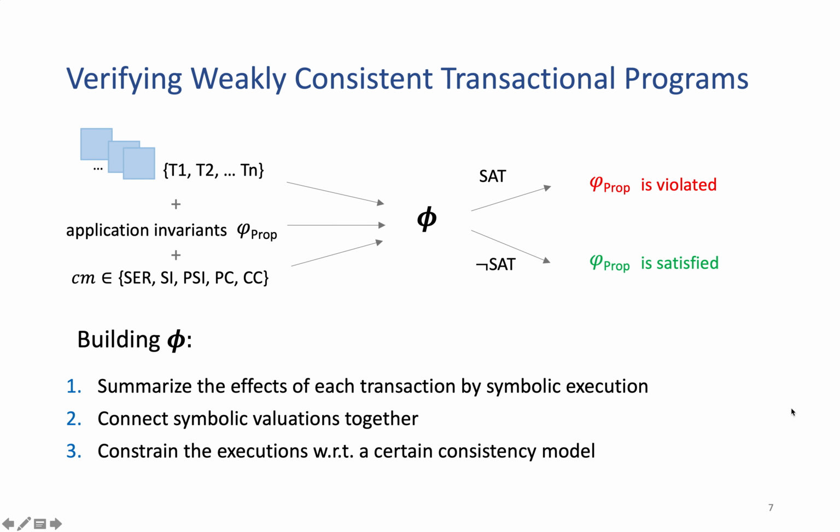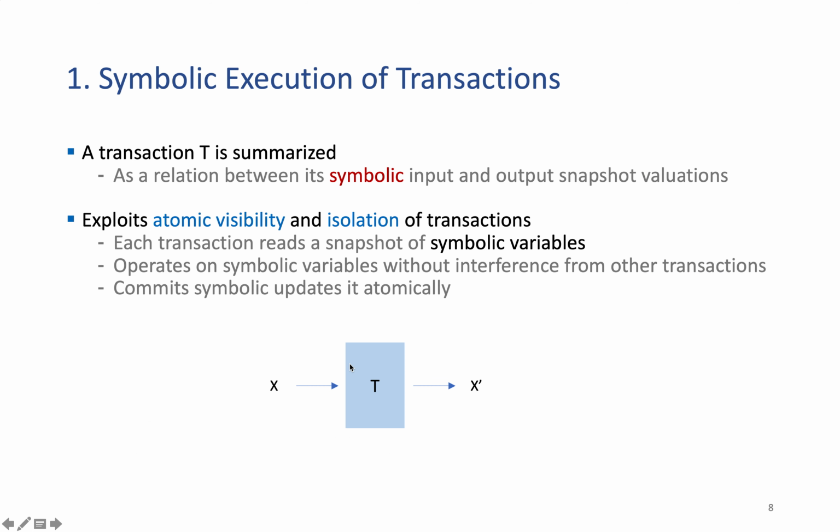How do we build phi? We summarize the effects of the transactions symbolically. We connect the symbolic valuations of transactions together to build an execution. And also we eliminate the executions which are not allowed by the consistency model given. We summarize a transaction as a relation between symbolic input and output snapshot valuations. And while doing this, we take advantage of two properties of transactions, atomic visibility and isolation.